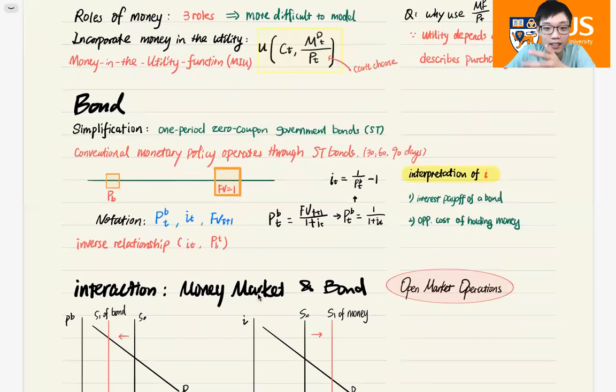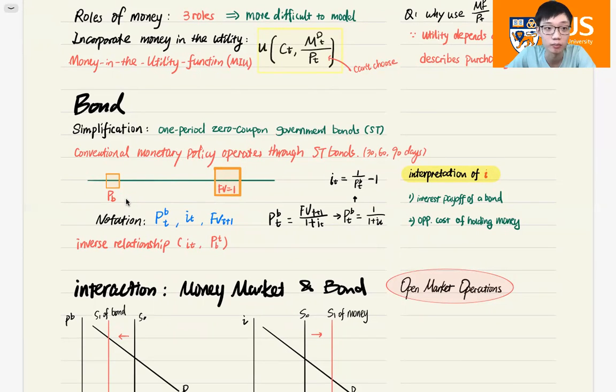So let's then incorporate bonds into this. We are simplifying the condition to a 1-period, zero-coupon government bond. Conventional monetary policy operates through short-term bonds, right? 30, 60, 90 days. We use that because that's the primary tool the government uses to do open market operations. First, we have the price of the bond.